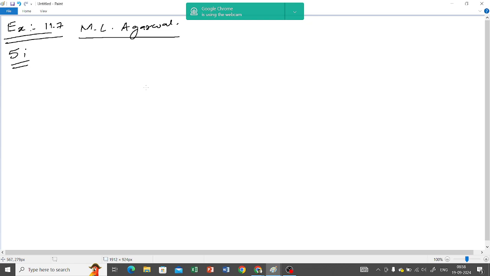If the image of the point this in the line this is the point 3 comma 5, then find the value of p.